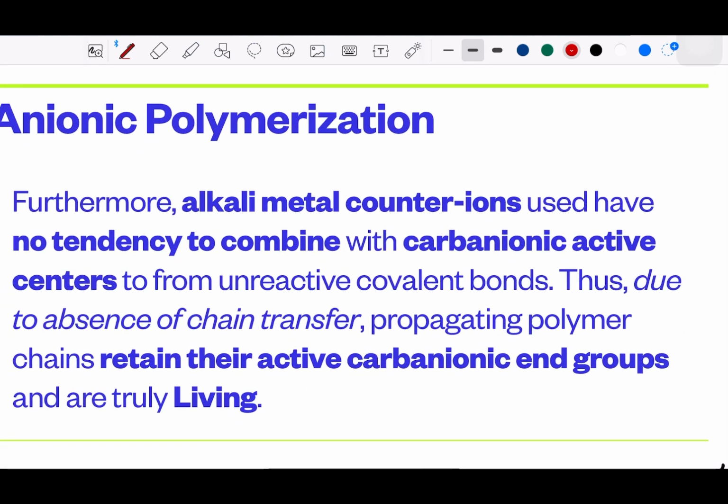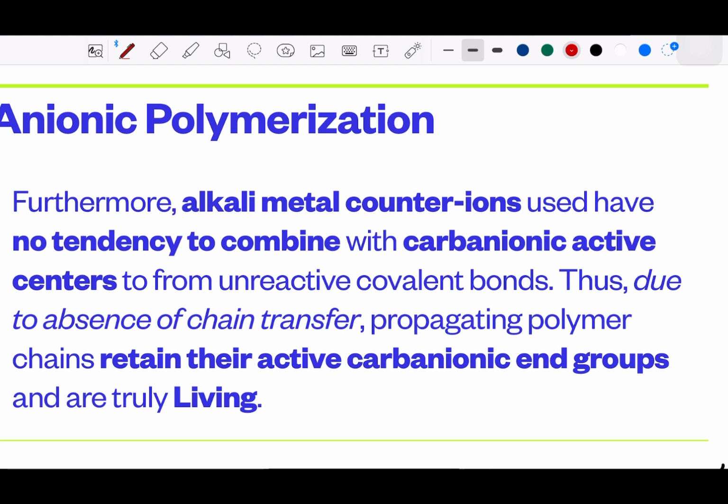And if you read here, to make sure that we understand: the alkali metal counter ions have no tendency to combine with the carbon active centers to form unreactive covalent bonds, and there is no chain transfer.